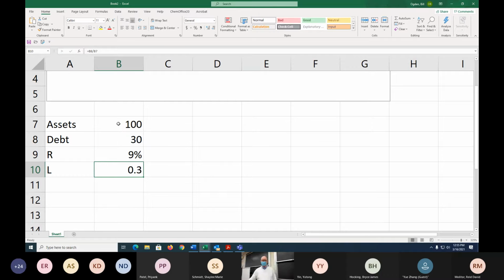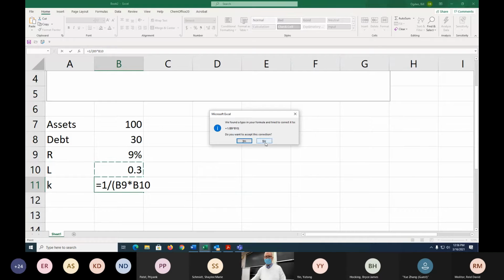And then this small k, let's do our small k. So we won't cap this, we'll just say small k, it's a constant. And that equals 1 divided by the product of L star and R star. So it's going to be the product of 9% times 0.3.